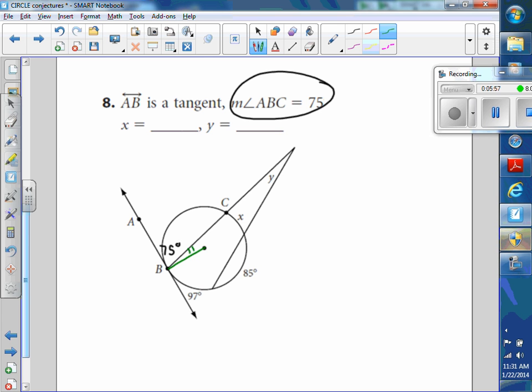Is that what you're saying, Kate? Yeah. So this is isosceles, so that's 15 degrees, and then this right here is 150. So that's a central angle. So far, I like it better than what I was going to do.